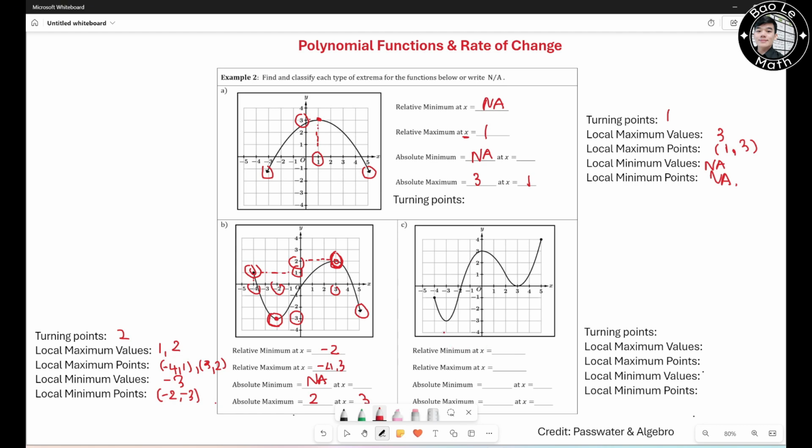Now question C. Relative minimum as s equals negative 3 right here and 3.